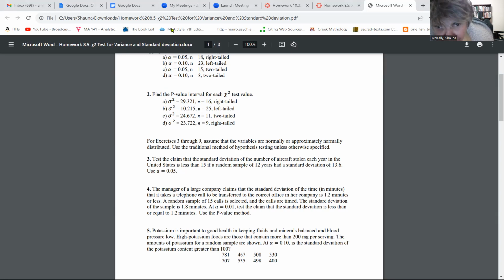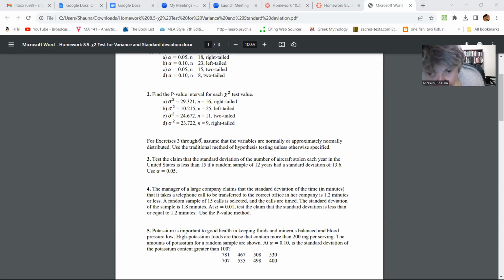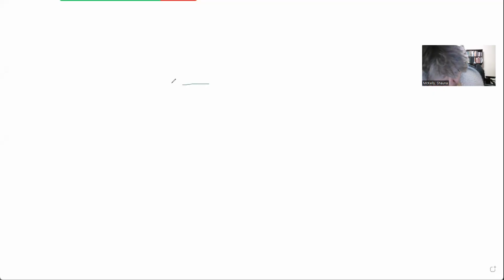So here we have something that looks like this. You don't have to draw these, but if it helps you, you certainly can. This is your line. Your chi-square curve, I'm going to make the line a little thicker.